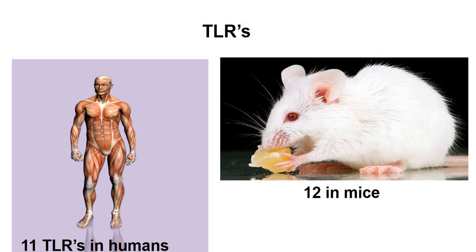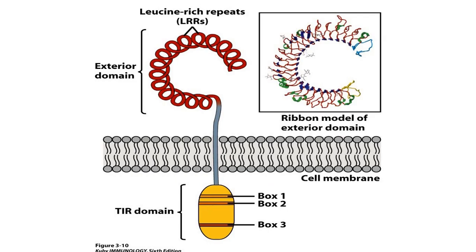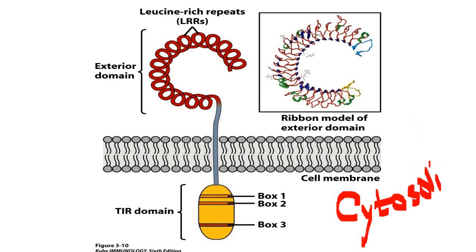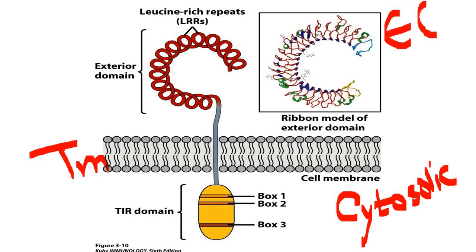Now we go to the structure of TLR. This is the structure of TLR. We have the cytosolic domain, this is TM, the transmembrane domain, and this is EC, that is the extracellular domain.